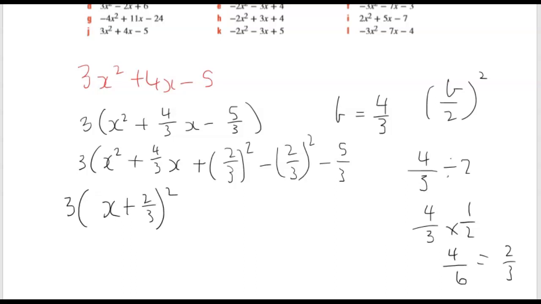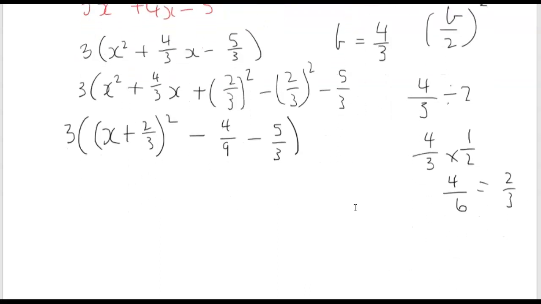Now, I'm going to put that in its own bracket because 3 is multiplying everything, whereas we're only squaring these 2 terms. All right, then I've got 2 on 3 squared, so I'm going to square my numerator, which is 4, and square my denominator. So it's going to be 9, and then minus 5 on 3. And let's close the bracket.